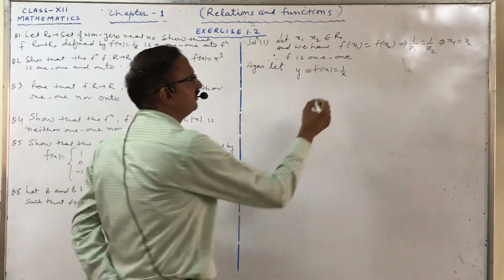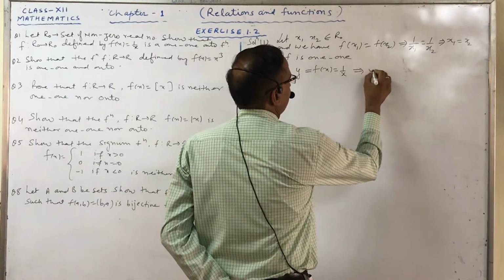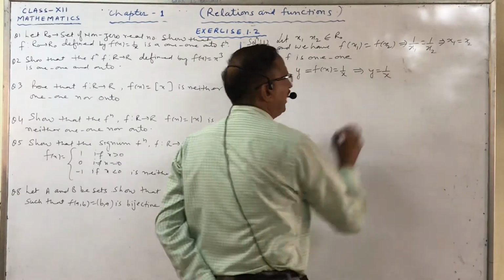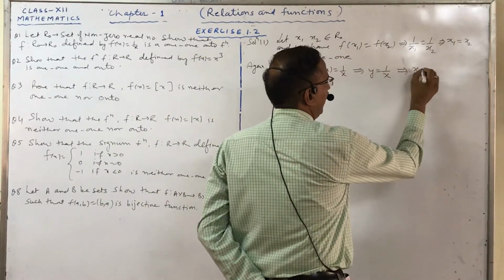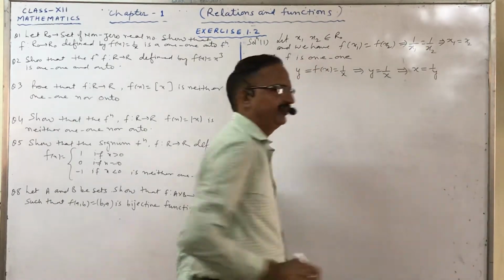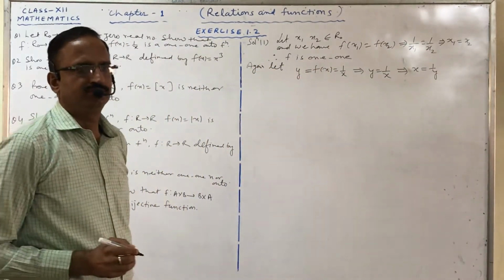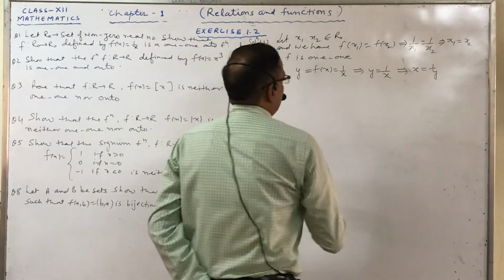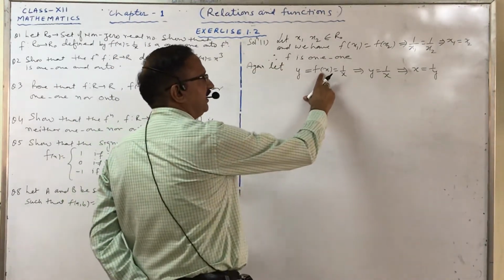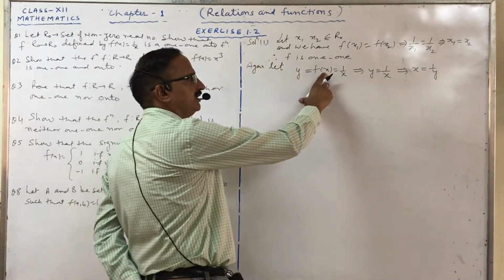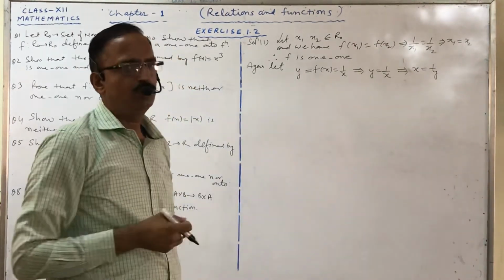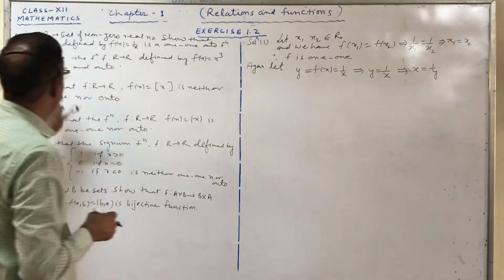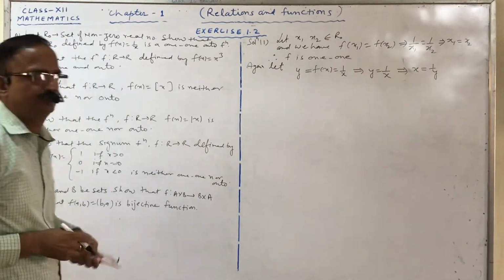It means y equals 1 by x, or this implies that x equals 1 by y. So f(x) equals y, and this x is the element which belongs to domain and this y belongs to codomain, and both are R0.